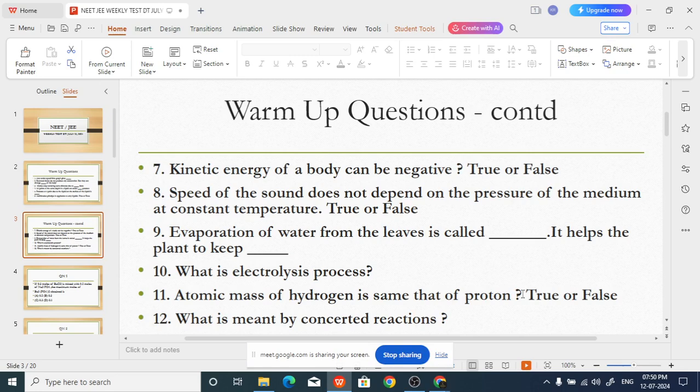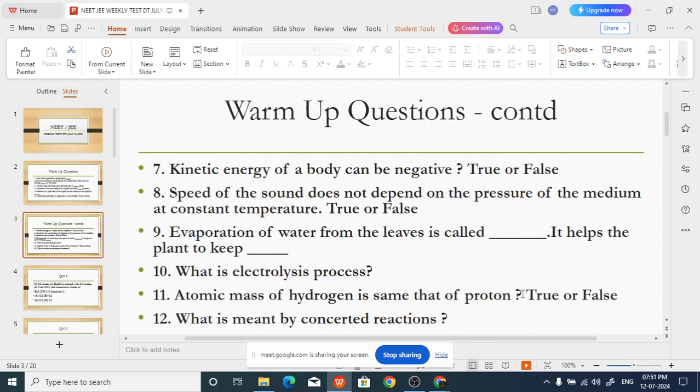Normally, in a tree, the number of leaves will be more in the summer, and in the winter the number of leaves will be less, because the leaves fall. The number of leaves is more in the summer because the climate is very hot, so evaporation of water has to be more. The evaporation from the leaves will be more when the leaves are more. That is why in summer the number of leaves will be more for any tree.